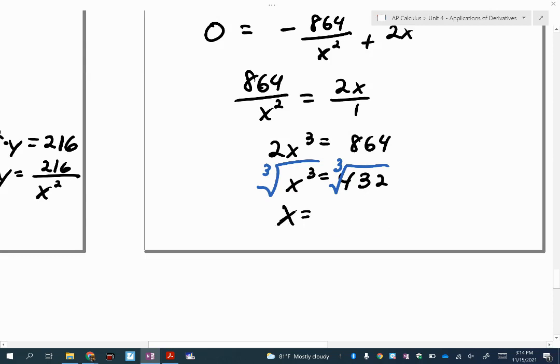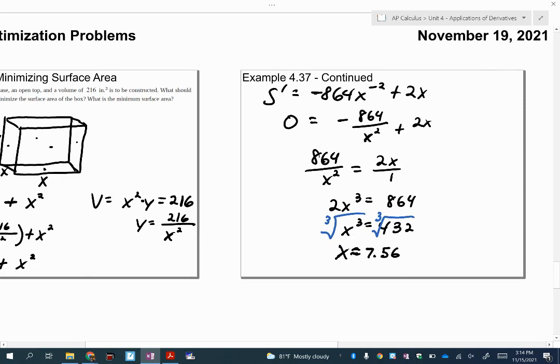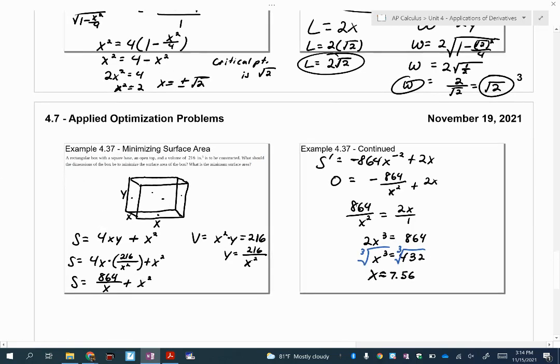So what is the cube root of 432? It's approximately 7.56. So this is what I should use for X to minimize our surface area.